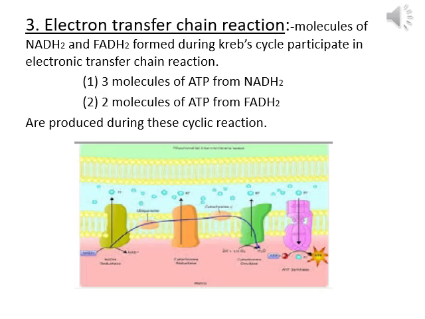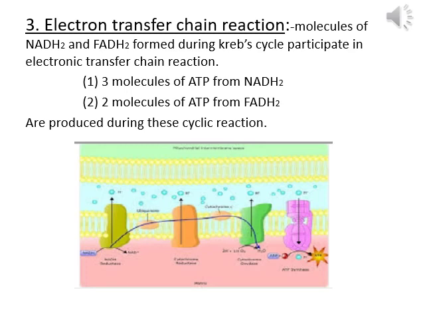This process is also known as the citric acid cycle. The third step of aerobic respiration is the electron transfer chain reaction. This also occurs in the mitochondria. The NADH2 and FADH2 molecules formed during the Krebs cycle participate in this electron transfer chain reaction.